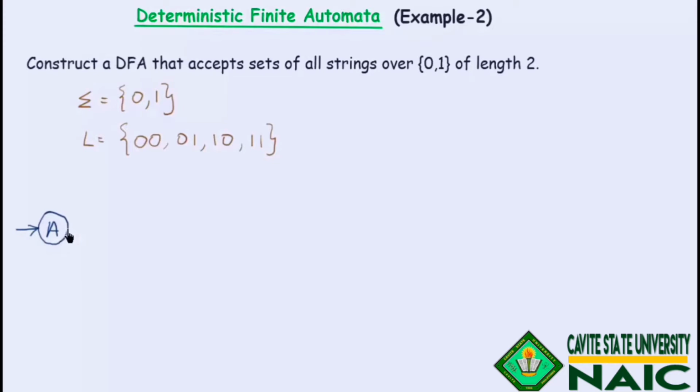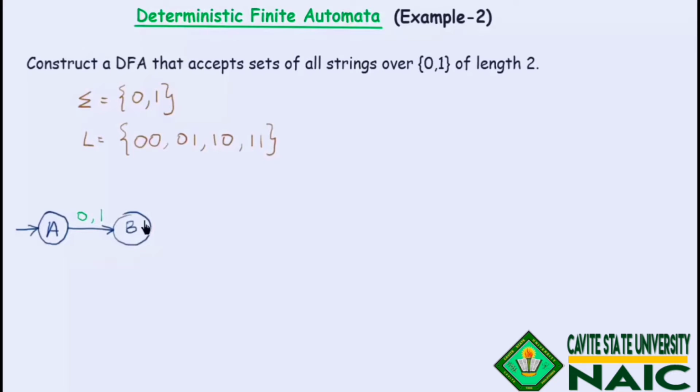So here it doesn't matter what the starting symbol is. It could either be 0 or 1. The only condition is that it should be of length 2. So whether I get input 0 or 1, I send A to the next state, which I call B.